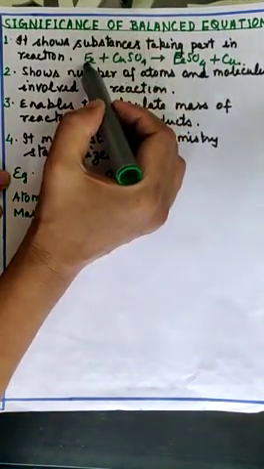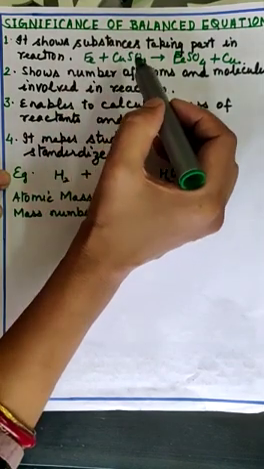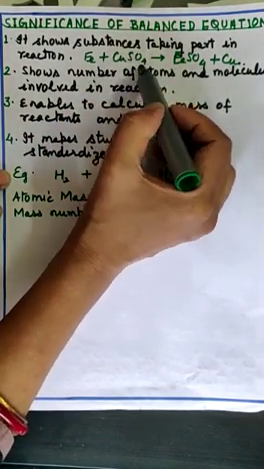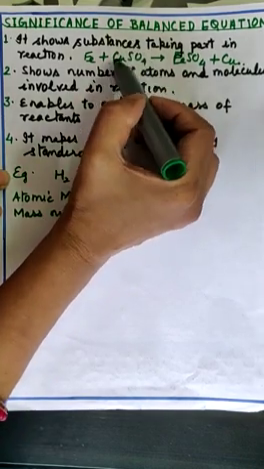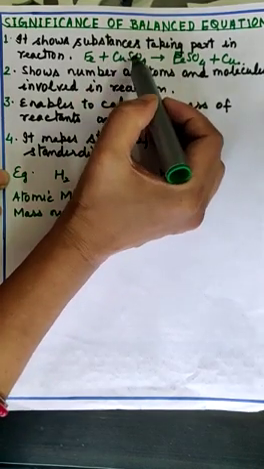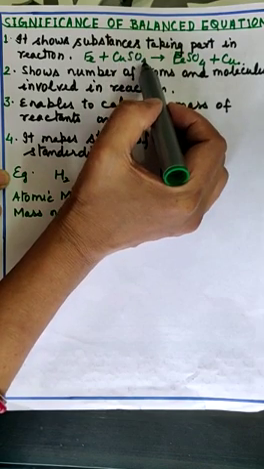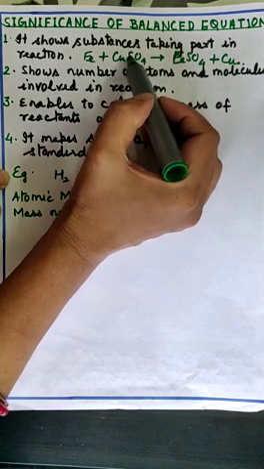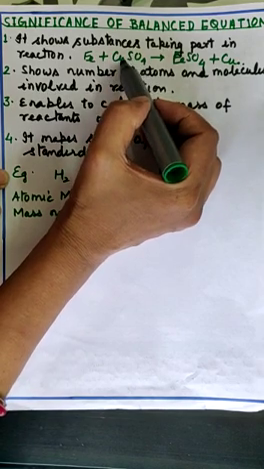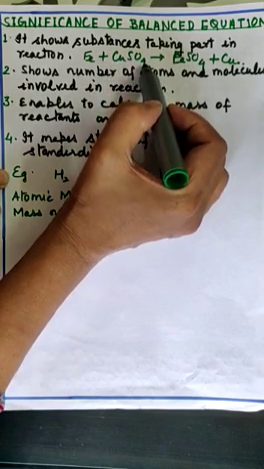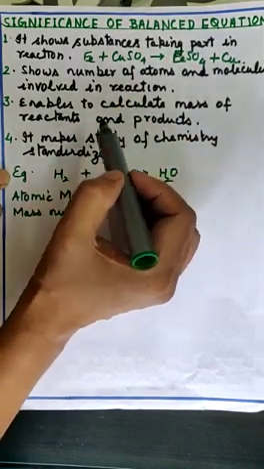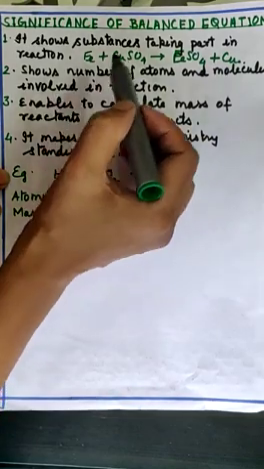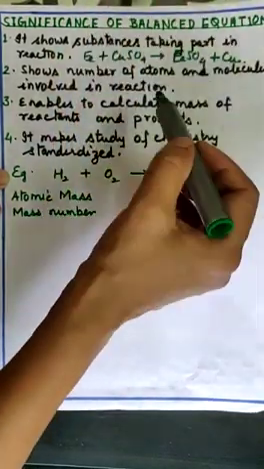If we calculate the mass of one atom of iron and one molecule of copper sulfate, which consists of one atom of copper, one of sulfur and four of oxygen, then adding the mass of one atom of copper, one atom of sulfur and four atoms of oxygen, we can calculate the mass of reactants and products separately.